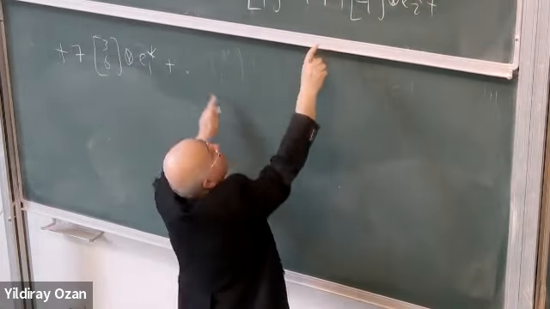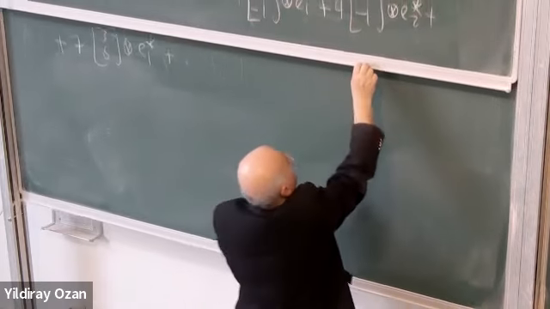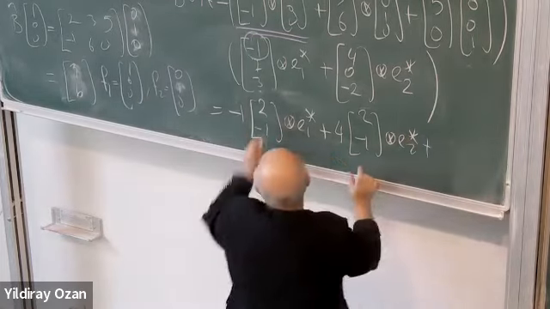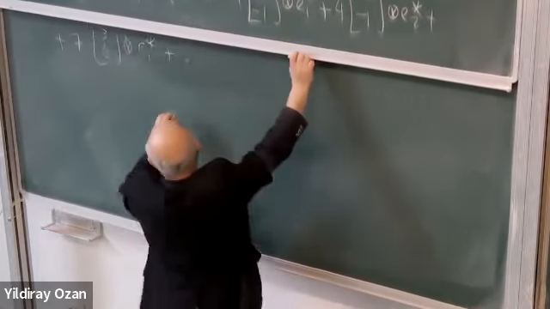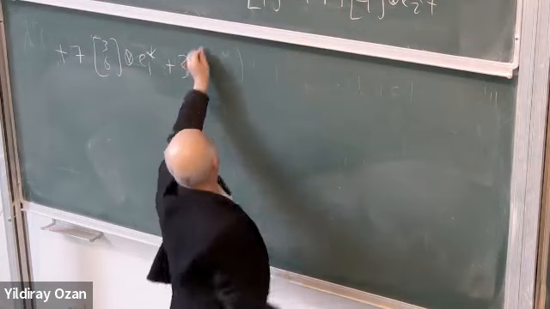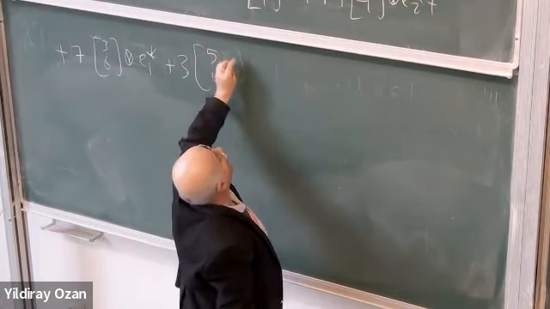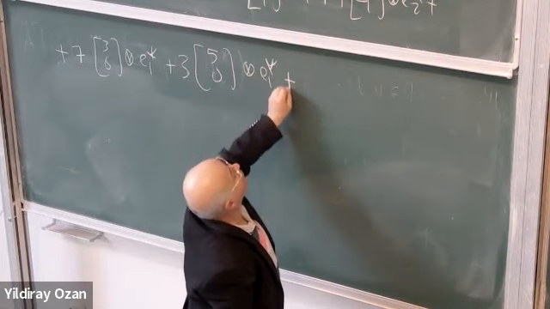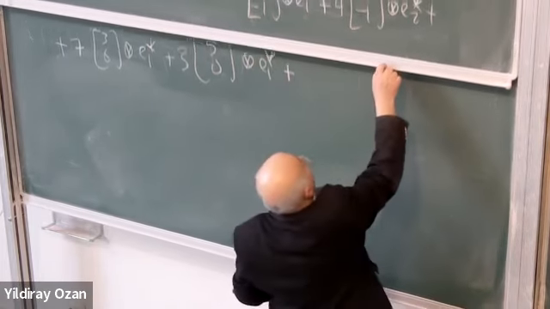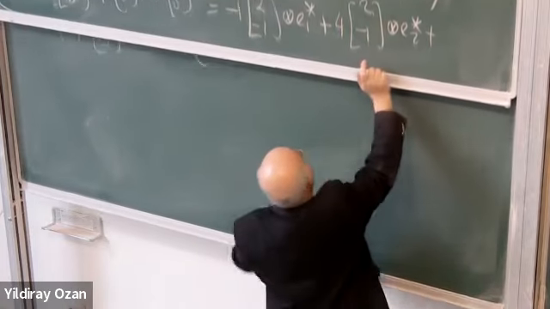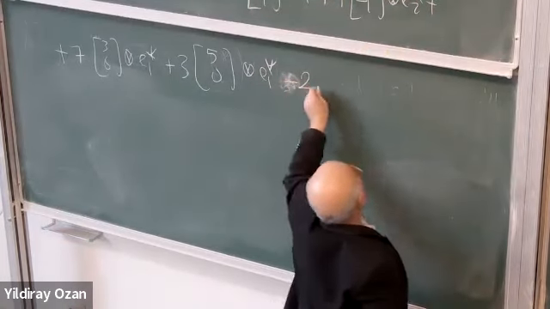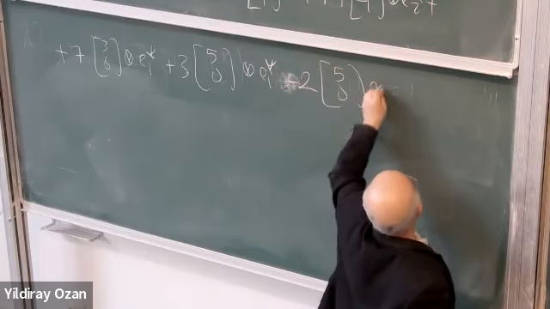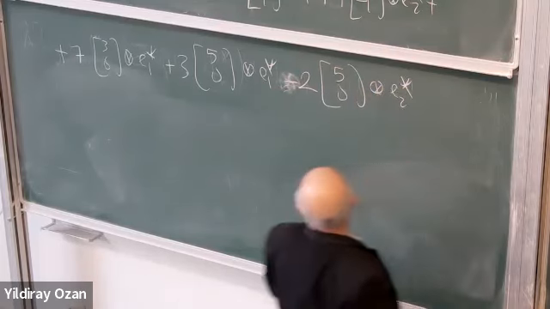I can just skip that. And then here the third vector will eat this guy and it will give me 3, 3, 5, 0, and then cancel E1 star plus it will eat this guy. It will give me minus 2, 5, 0, and E1 star.